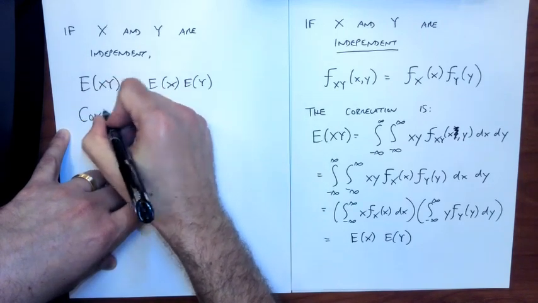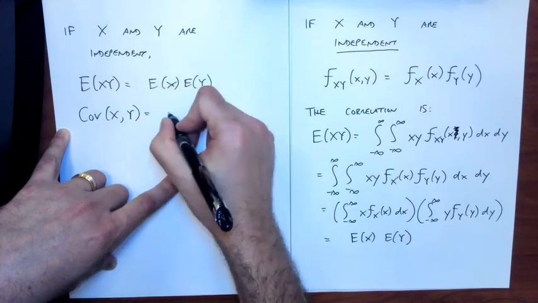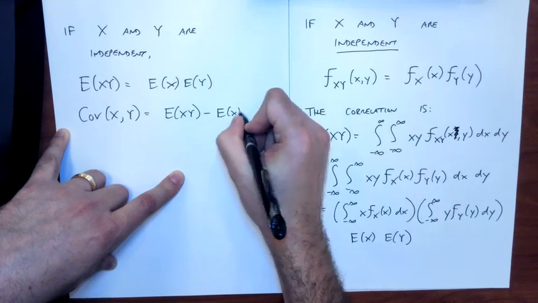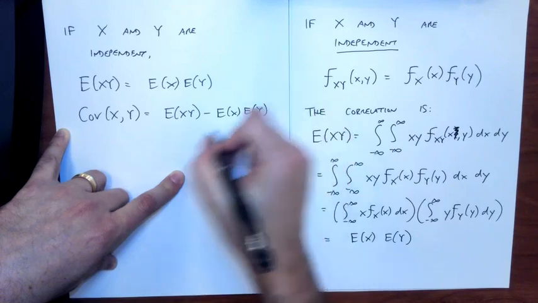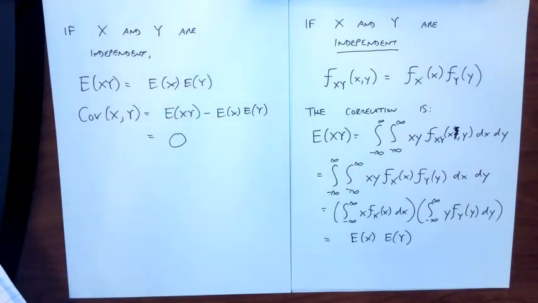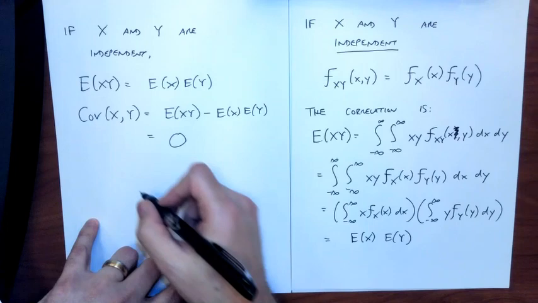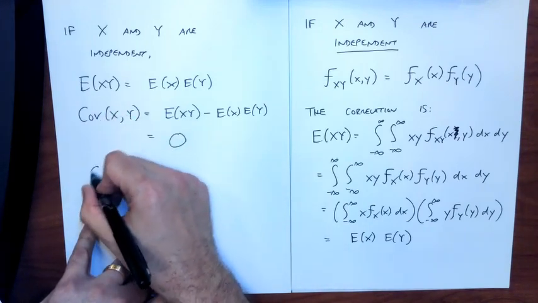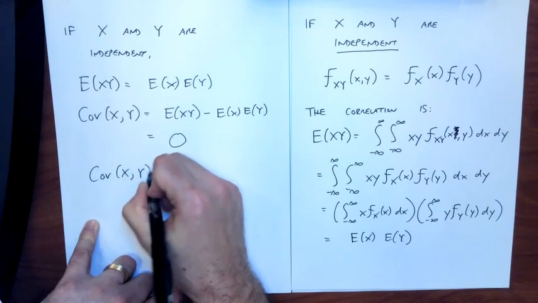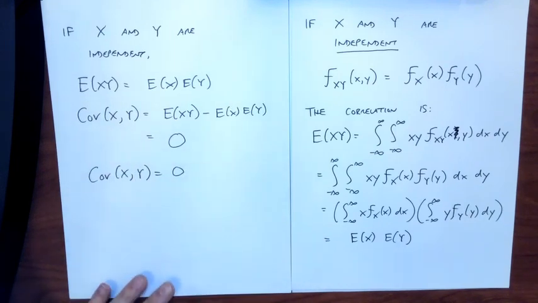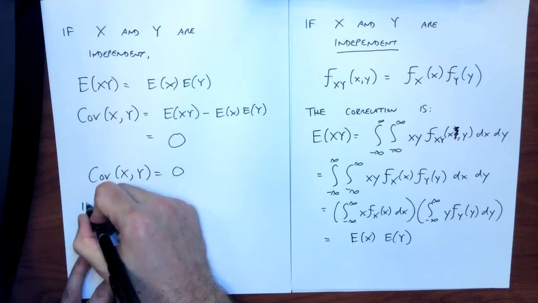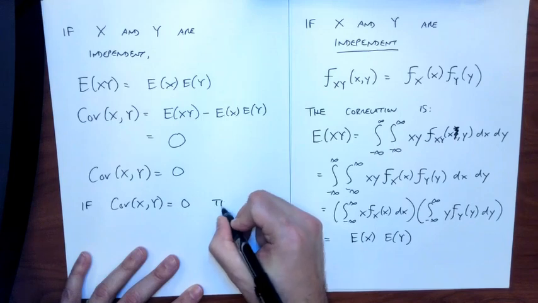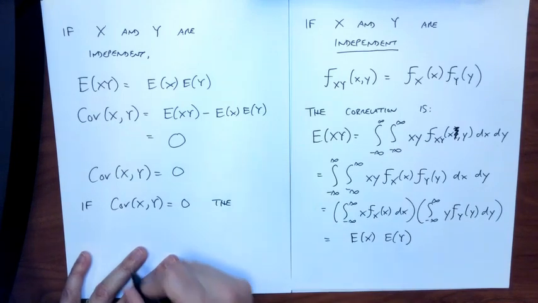And the covariance of x and y, which is defined as the correlation minus the product of the means, is 0. Okay? So that's really important. So x and y independent means that the covariance is 0. And in this case, we say that the two random variables are what is called uncorrelated.